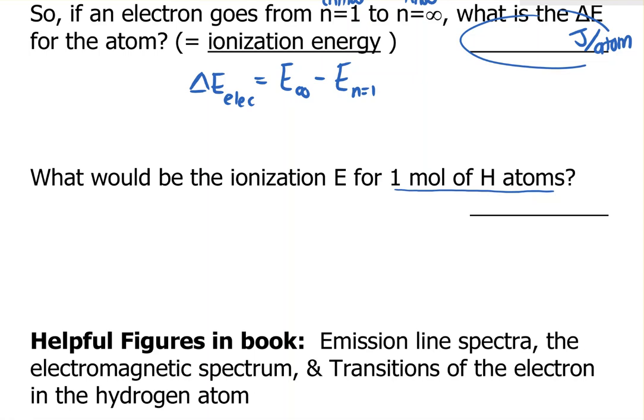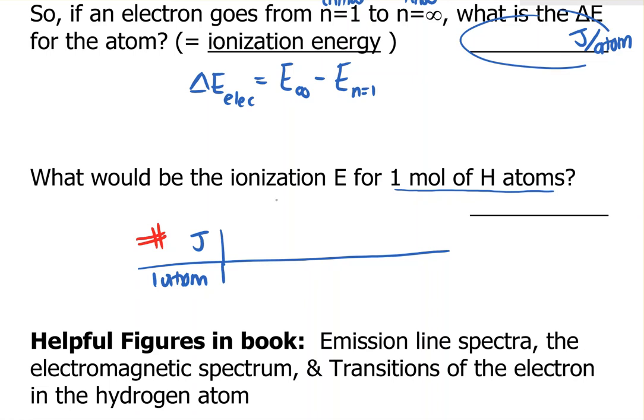And so what you're going to do is take your joules per one atom, whatever number you have there.